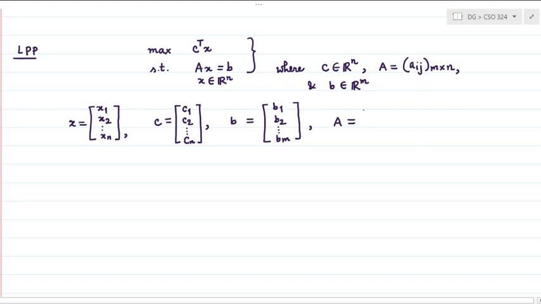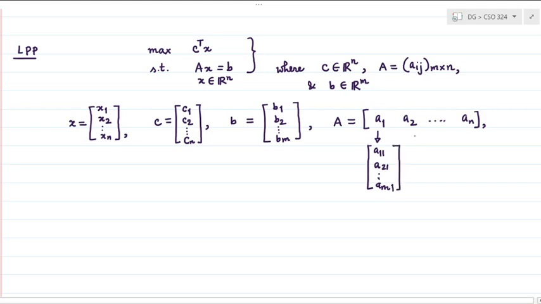If we represent the columns of the matrix A by A1 as the first column, A2 as the second column, An as the nth column, then this vector A1 is nothing but this column vector, where a11 is the first component, a21 is the second component, and similarly, it has m many components, so am1 is the mth component.